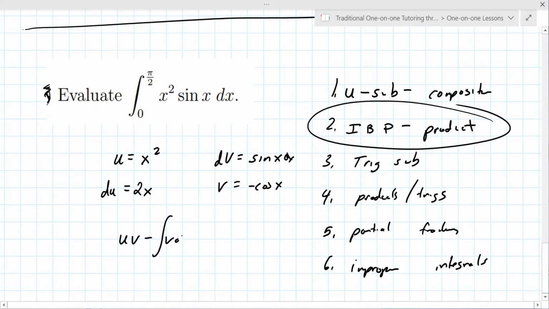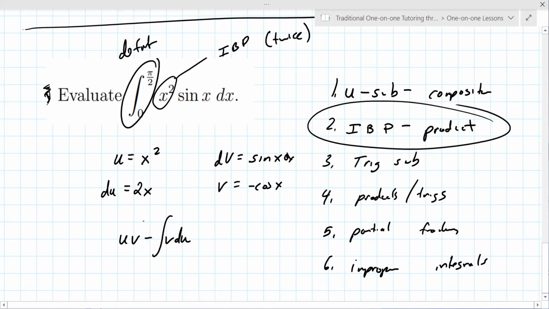uv minus integral v du. This right here tells you you're going to do integration by parts twice, because it's a square. And because it's a definite integral, you have to evaluate your uv at the endpoints. Do you remember when that makes sense?